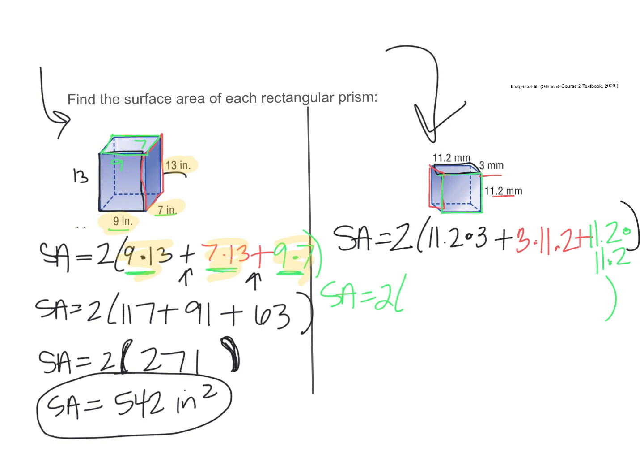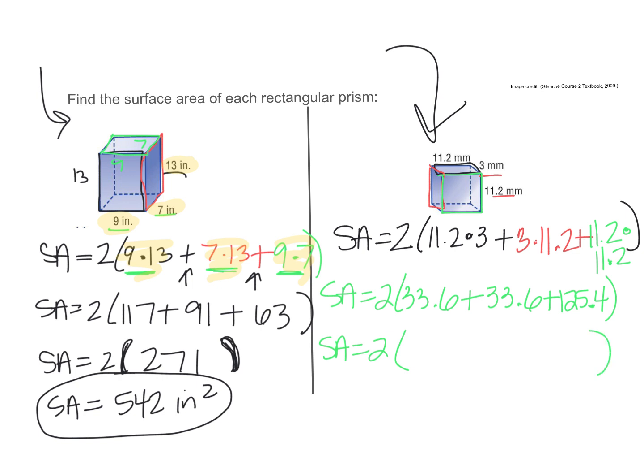So 11.2 times 3 is 33.6, which is the same as the next one. And then 11.2 times 11.2 is 125 and 4/10. I'm going to round it to the nearest hundredth. Okay? Now I'm going to add all that up.